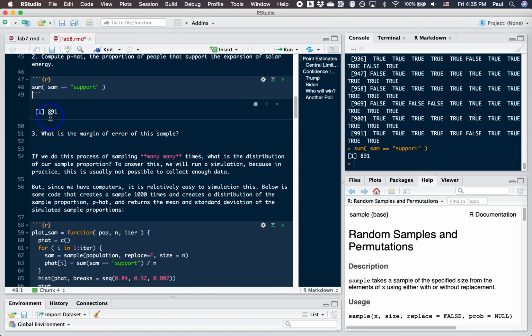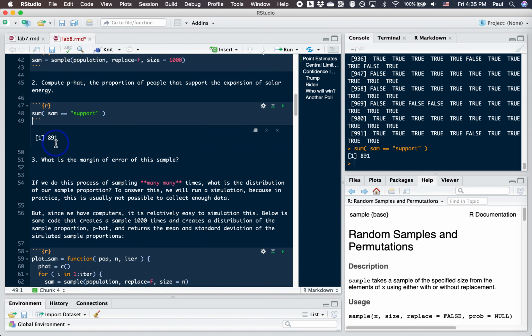So this tells me 891 people support expansion of solar energy from my sample that I just simulated. If we want to know the proportion, we just divide by 1,000. This is the sample proportion, and we call this p hat, and it's 0.891.